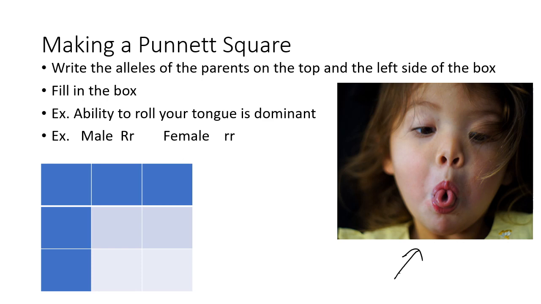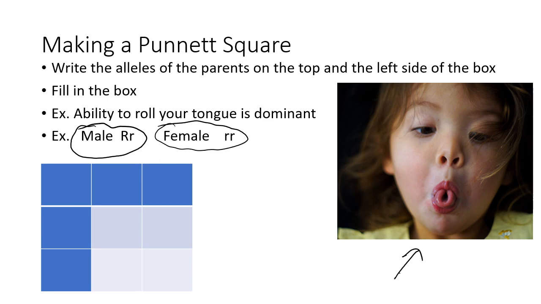So making that box is called a Punnett square. We're going to make a box and figure out if this male who can roll their tongue and this female who cannot roll their tongue had kids together, would the kids be able to roll their tongue or not?